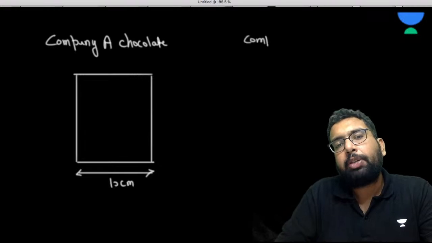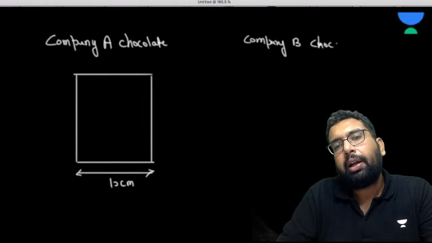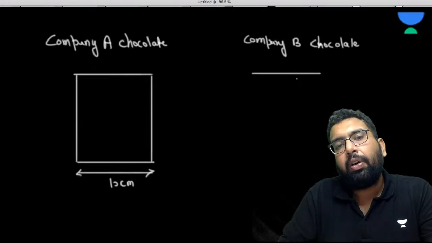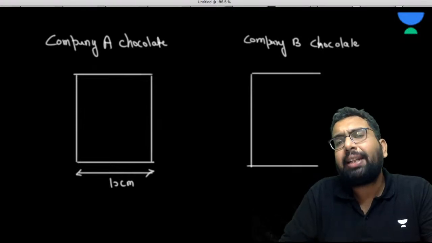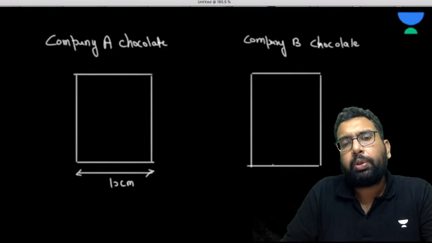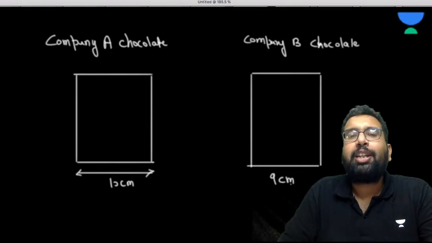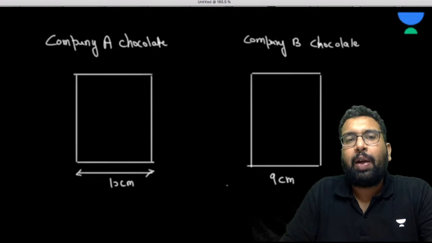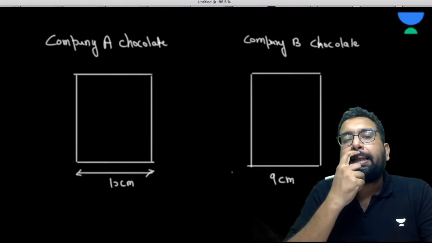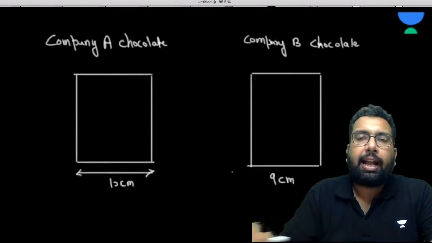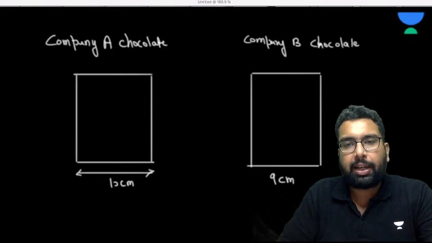And the company B chocolate, let's suppose, anything you can take, let's suppose 9 centimeter each. Now please think, I think after this you will be able to understand this concept.